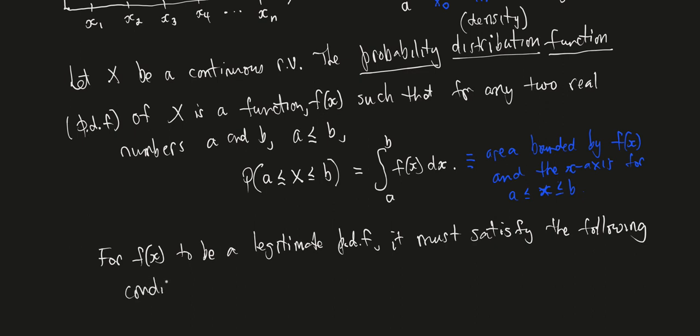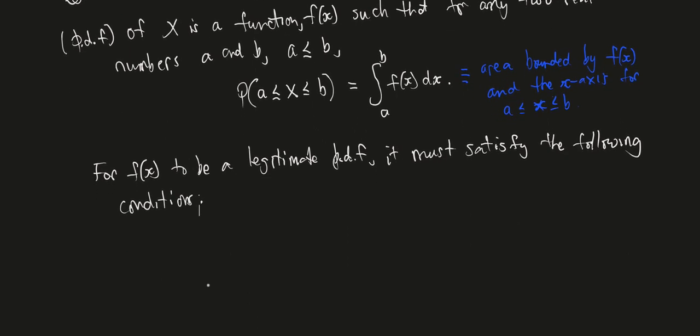In other words, we can't just pick any old function and call it a PDF and call it a day. If you think back, the two properties that our PDF in the discrete case had to satisfy: one, all the function values, whether they were in a table or in a graph or in an actual algebraic function, had to be positive.